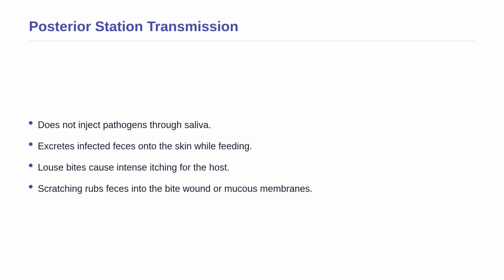Because the louse bites are incredibly itchy, the human host instinctively scratches the bite site. This natural scratching action accidentally rubs the pathogen-laden louse feces directly into the open bite wound, or sometimes into the mucous membranes of the eyes and mouth. It is a mechanical transfer driven by the host's own reflexes.